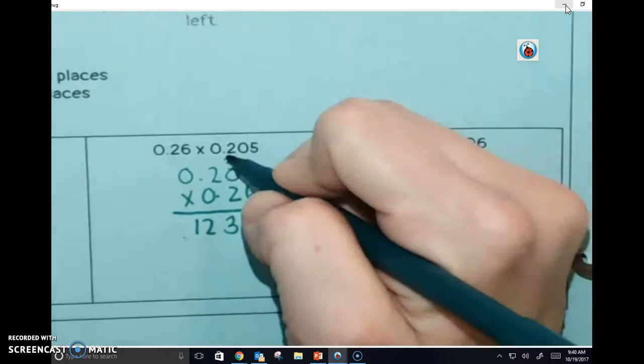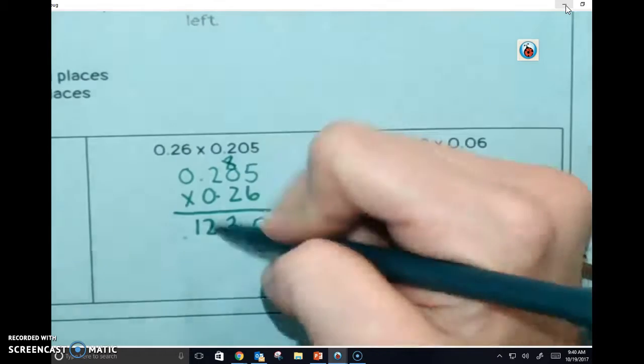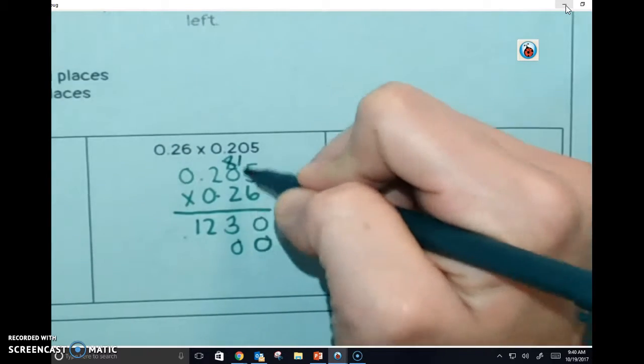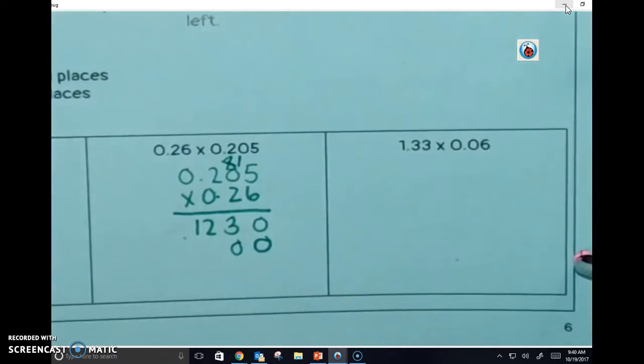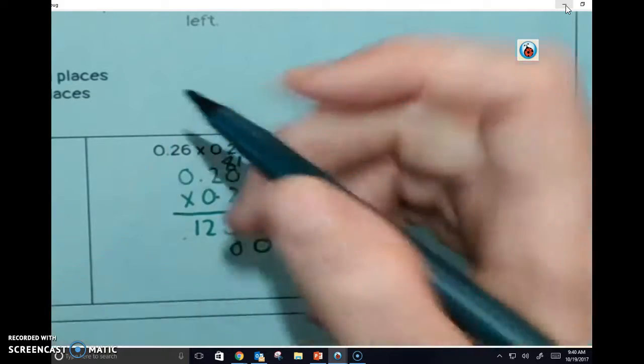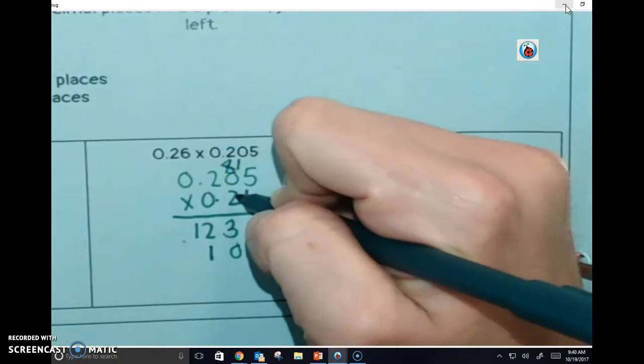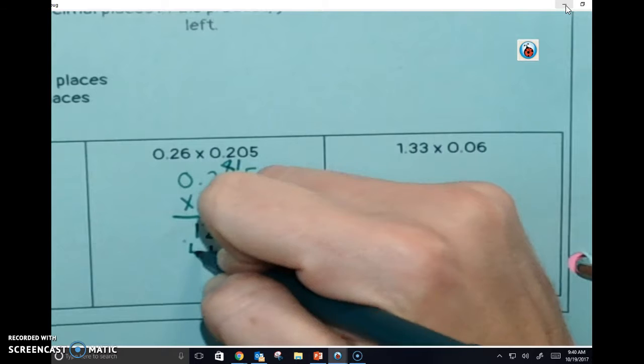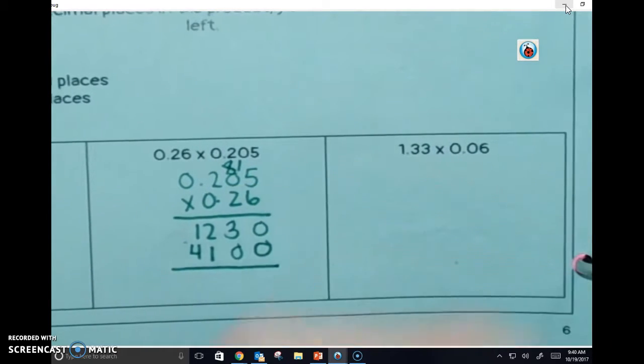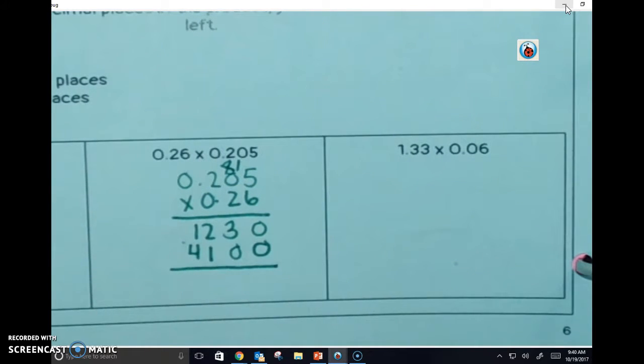Our place value holder. 2 times 5 is 10. 2 times 0 is 0, plus 1 is 1, and then 2 times 2 is 4. Then we're going to add that all up, and what do we get?